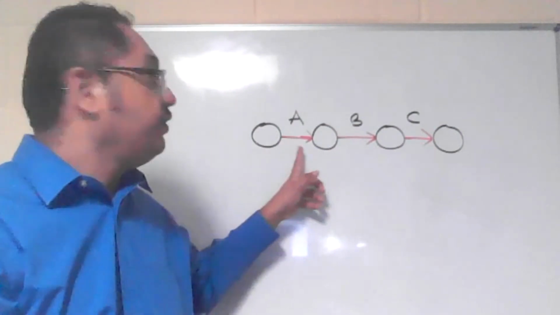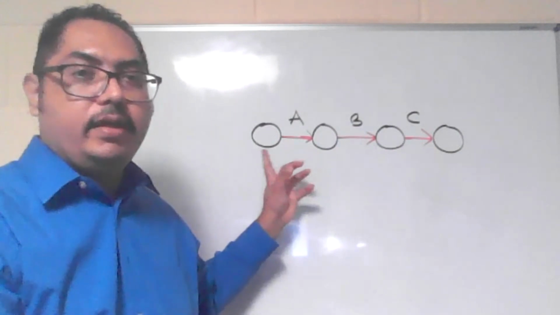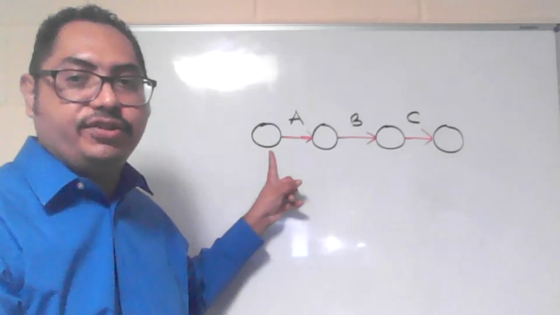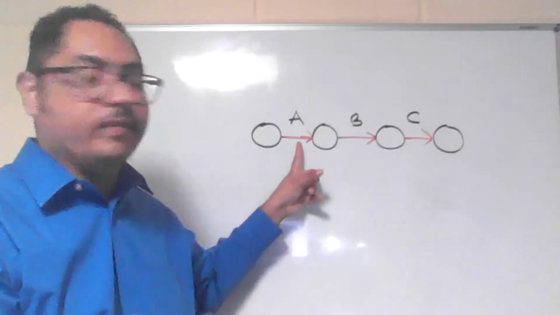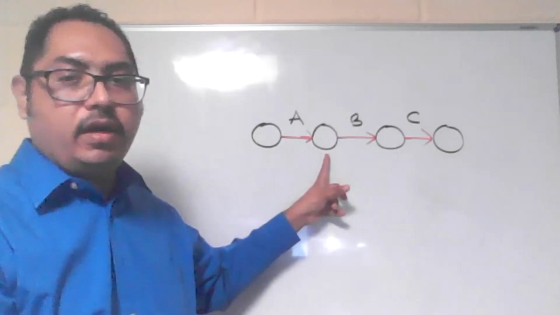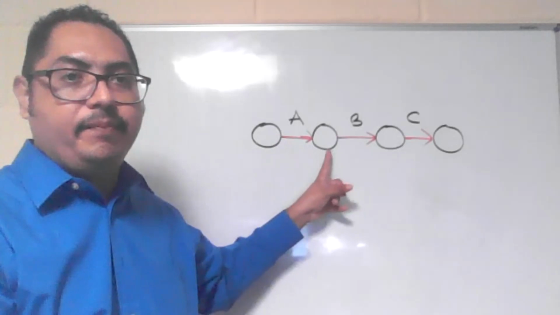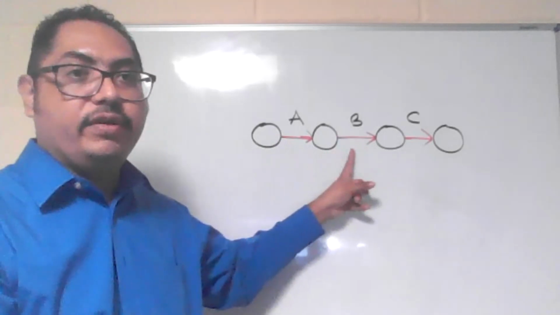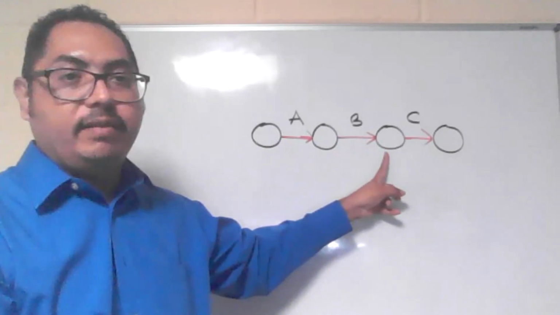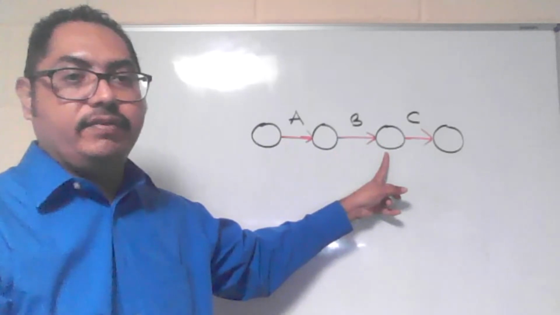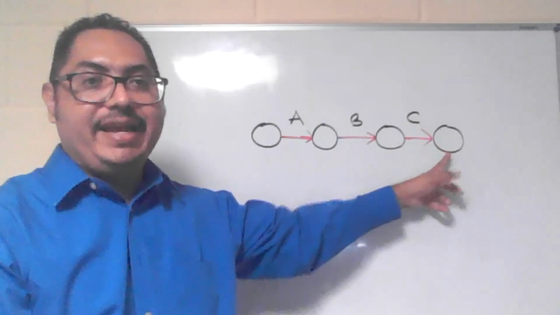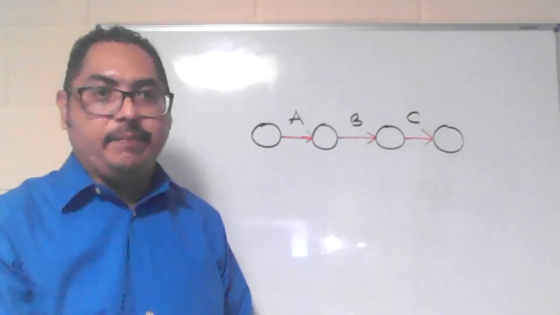And what these circles mean now, not a node, is that this is the start of activity A. This is the end of activity A, and also the start of activity B, which is the arrow here. That's activity B, and this is the end of activity B and the start of activity C, which is depicted by the arrow, and this marks the end of activity C.